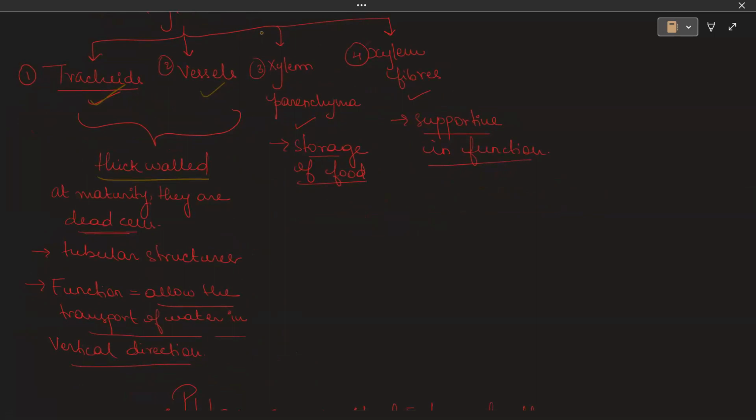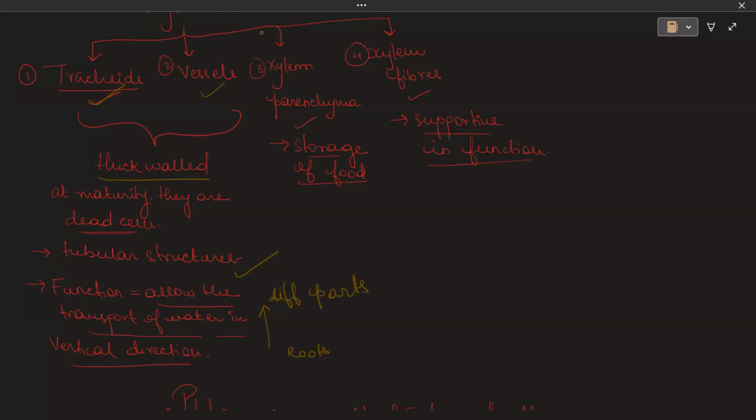These are tubular structures and they allow the transportation of water in a vertical direction, upwards, from the roots to the different parts.